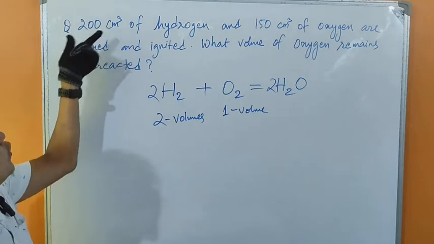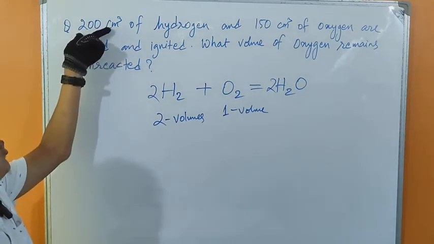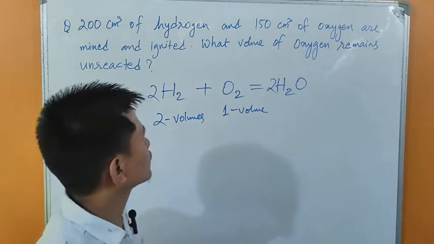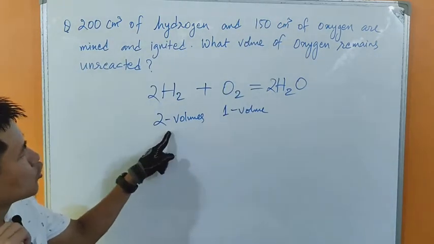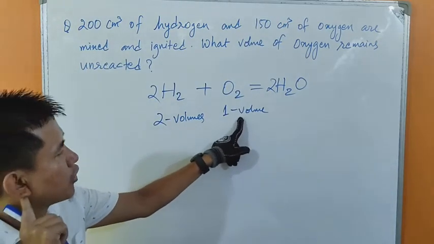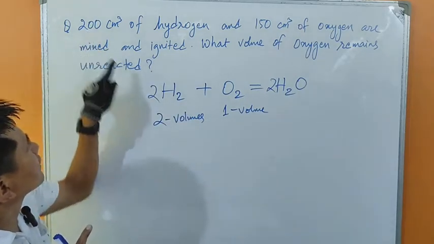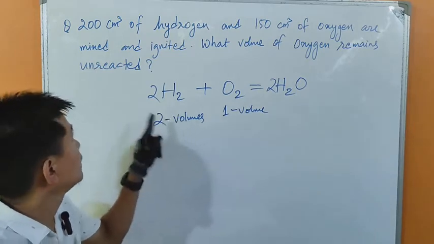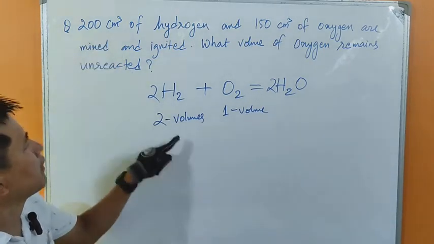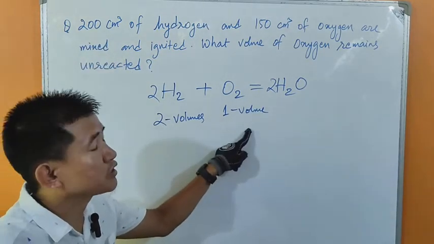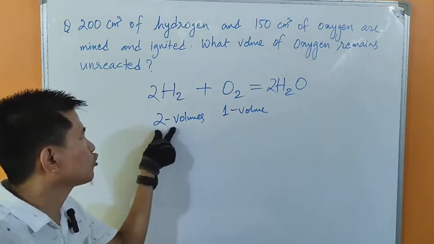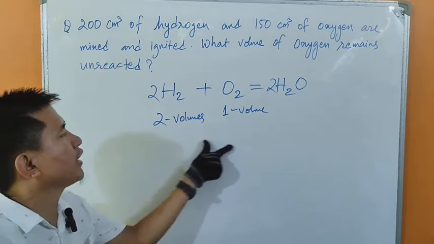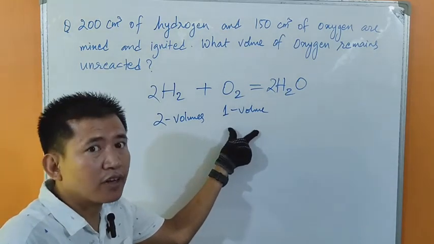But we are provided with 200 cm cube of hydrogen and 150 cm cube of oxygen. Now let us say 2 volumes of hydrogen require 1 volume of oxygen. If we have 200 cm cube of hydrogen, then how much oxygen will be required? 2 requires 1, means 200 cm cube of hydrogen requires 100 cm cube of oxygen.